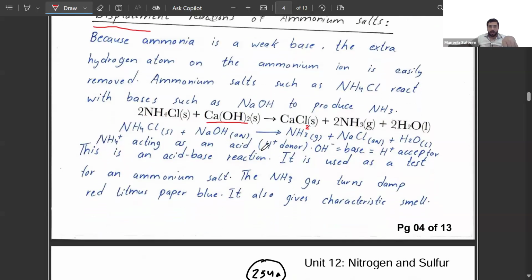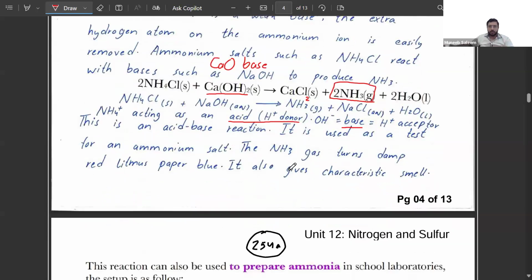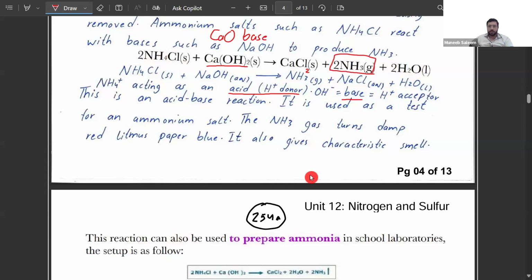Here, the ammonium ion is acting as an acid and the hydroxide is acting as a base. So if we have calcium oxide, that will still be considered a base because of its nature. And the gas produced is only the ammonia gas. So we can apply this concept in our question.